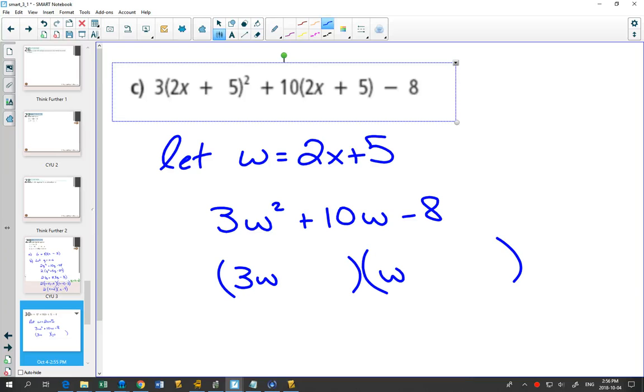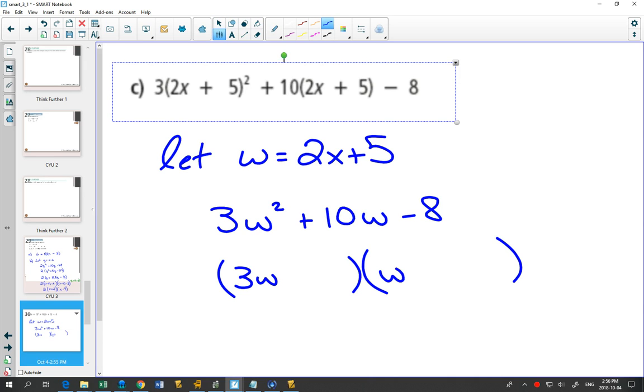That makes 16. Close. But you could do 1 and 8. Do you want to try 1 and 8? No? Okay. Because it's either 1 and 8 or 2 and 4, or 8 and 1 or 4 and 2. You want to try 2 and 4?